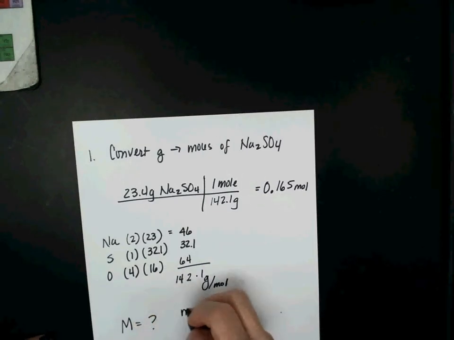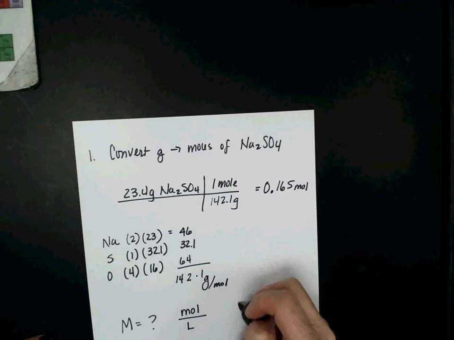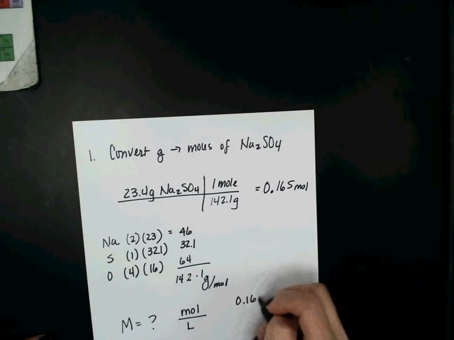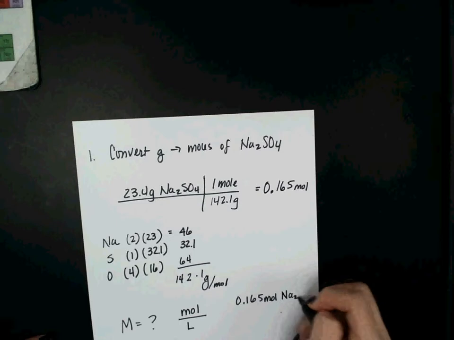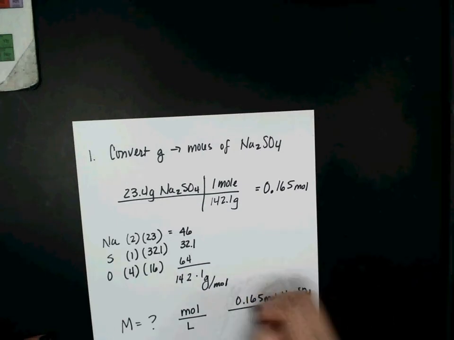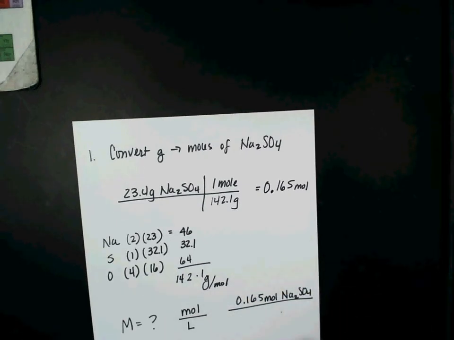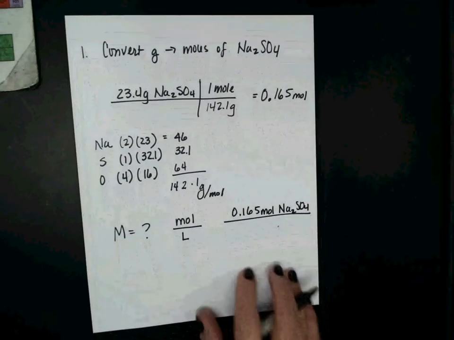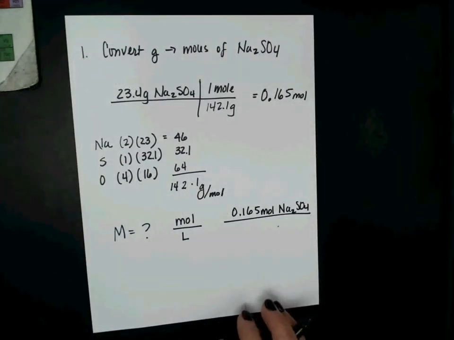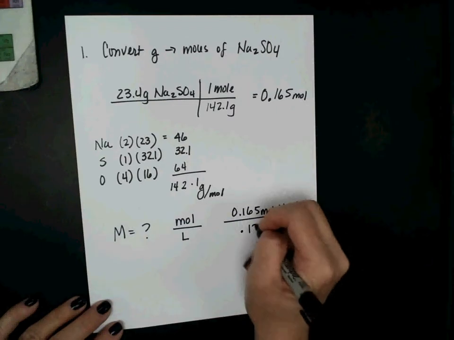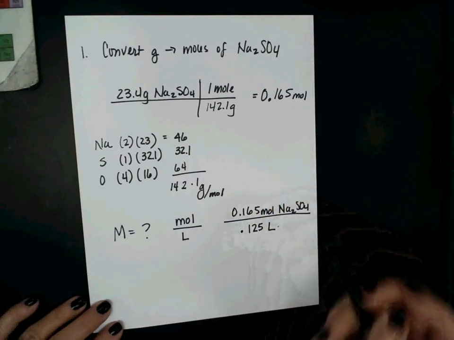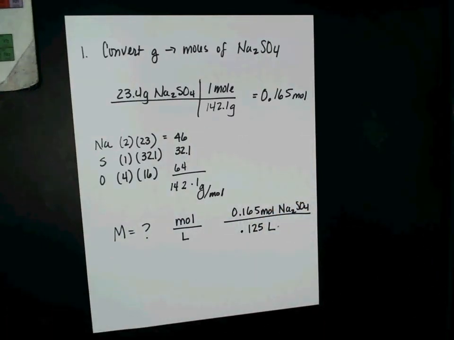What's the molarity? It is the moles divided by the liters. So I now have the moles. I have 0.165 mole Na2SO4. How many liters of solution do I have? 0.125. So what does that work out to be?